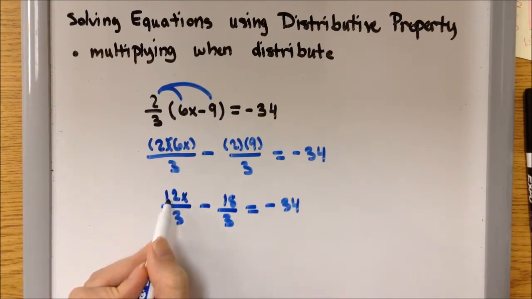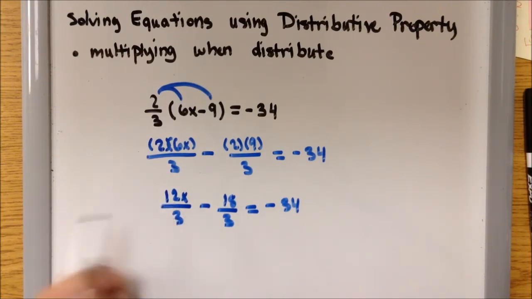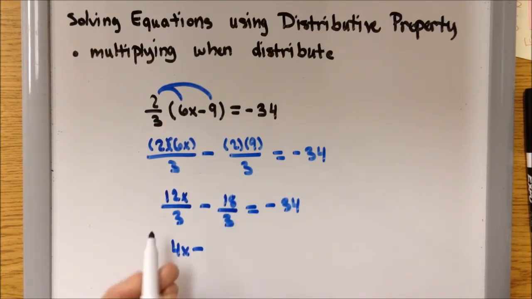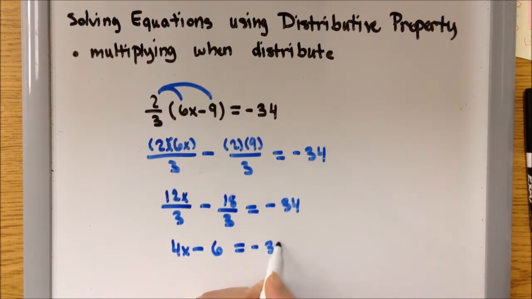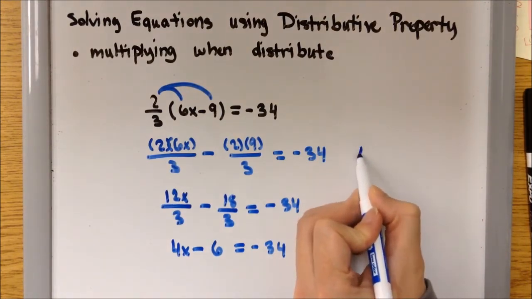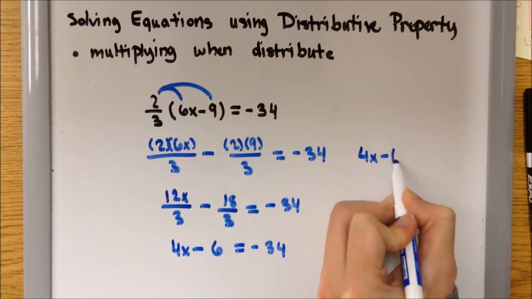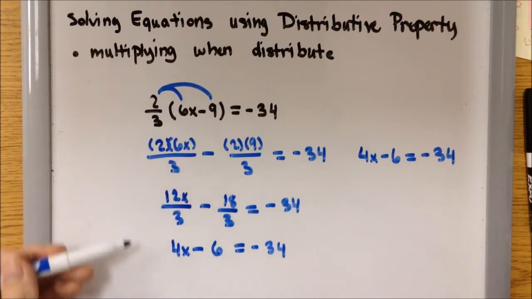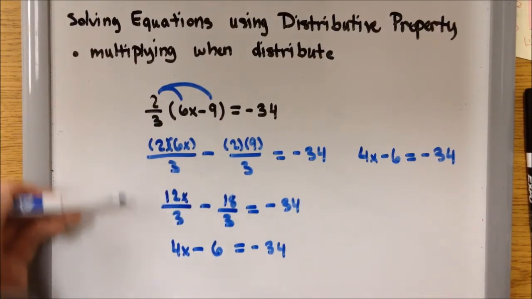We can simplify this because 12 can be divided by 3 into a whole number, which is 4x, minus, same thing with the 18, it can be divided by 3 into a whole number, which is 6, and it equals -34. I'm going to write it over here since we ran out of room. So 4x - 6 = -34. Now I wrote all this out step by step so that it'd be easy to understand the process.